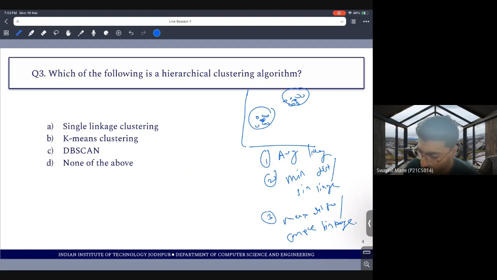Suppose we have two clusters and we need to find the distance between them.